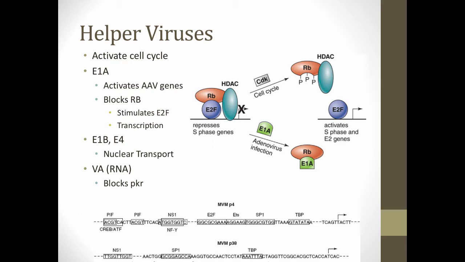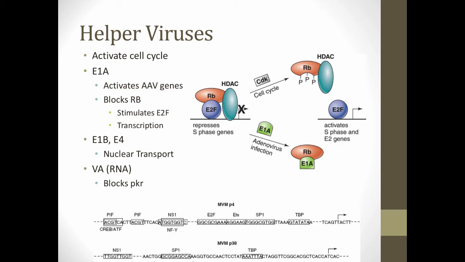These helper viruses have proteins that can sequester RB and steal it away from this complex, which will also activate the cell cycle, push these cells into S phase where the dependovirus and the helper virus will both then be able to replicate.